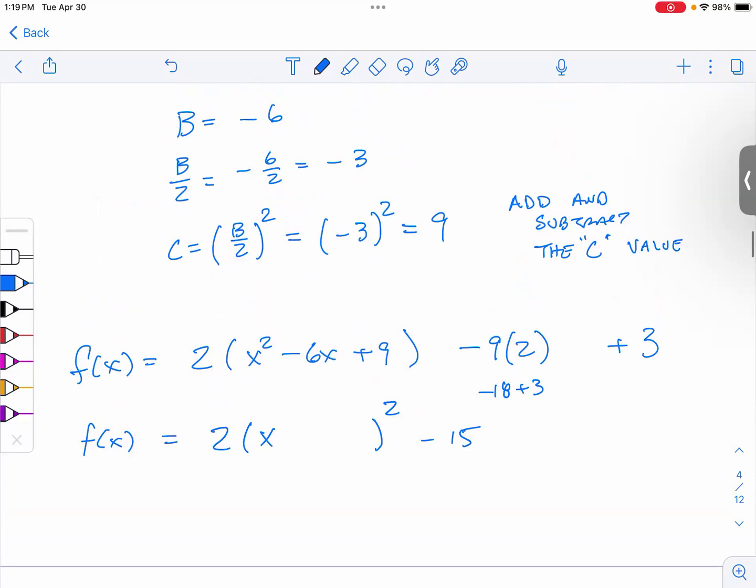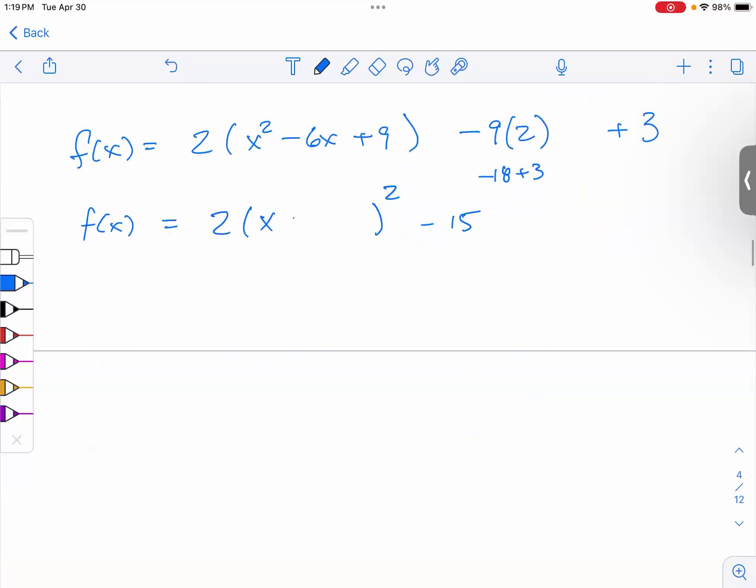And that number is 3, almost, -3. -3, right? It's always the b over 2 value. That gives me then 2 times x minus 3 quantity squared. And oh, look, I'm done. That's vertex form.